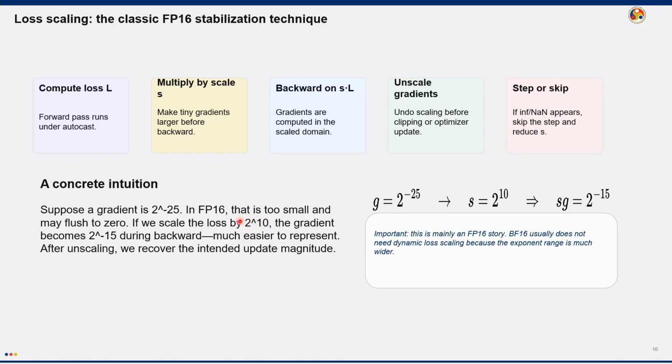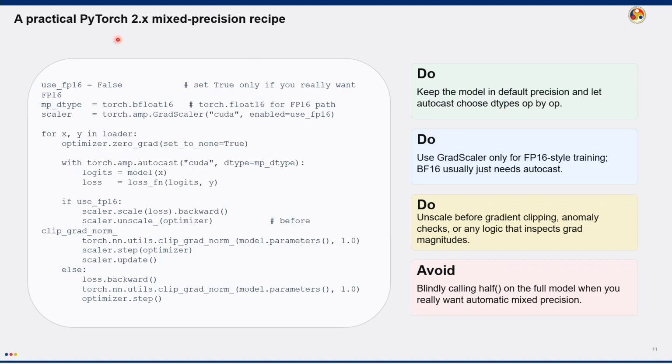This is one such scaling mechanism that will take the gradient from 2 power minus 25 to minus 15 during the backward, and this is much easier to represent. After unscaling we recover the intended update magnitude based on how much scaling that is done before. Okay, so in this code section we will see how to autocast.